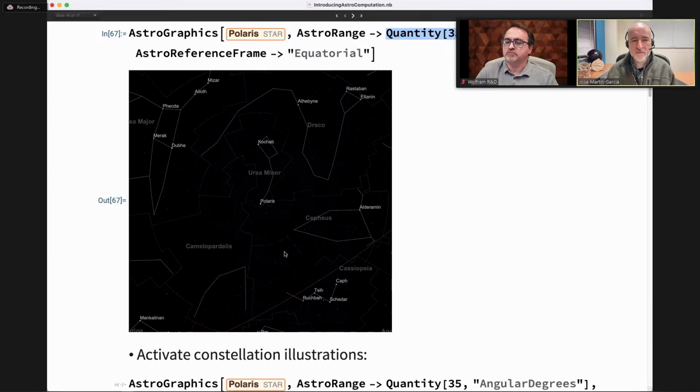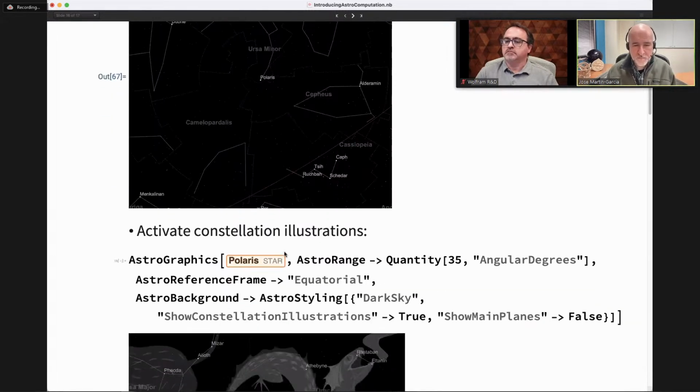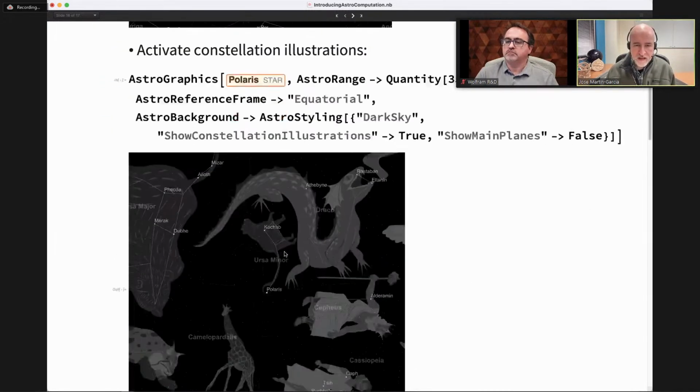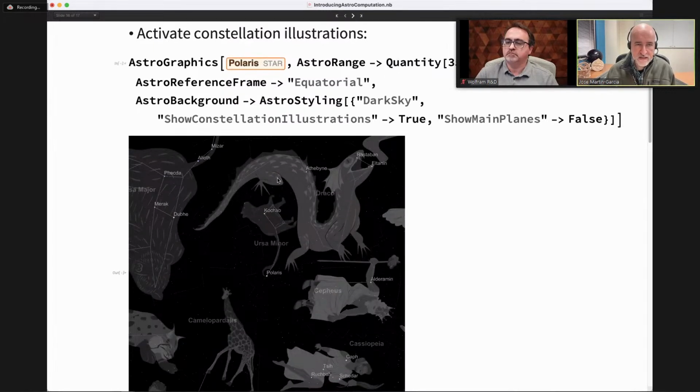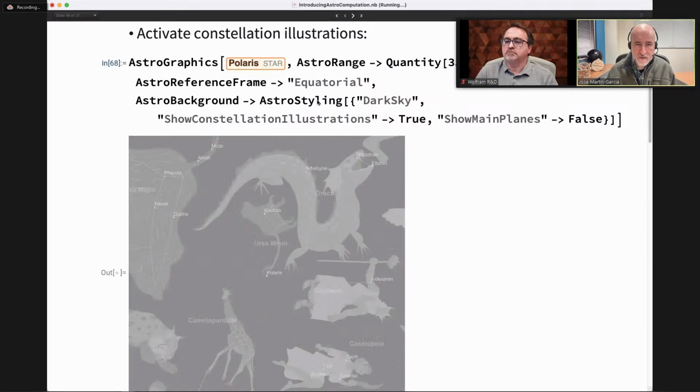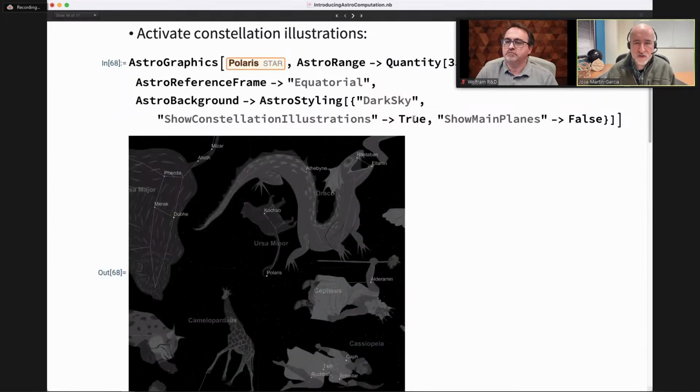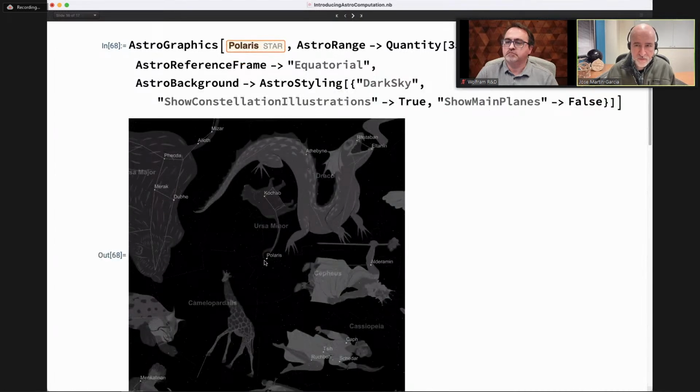And what we have done is that we have constructed nice illustrations of all the 88 constellations in the sky. And so this is a map that asks for the constellations to be shown as illustrations. So we have now the same map as before with the 35 angular degrees.